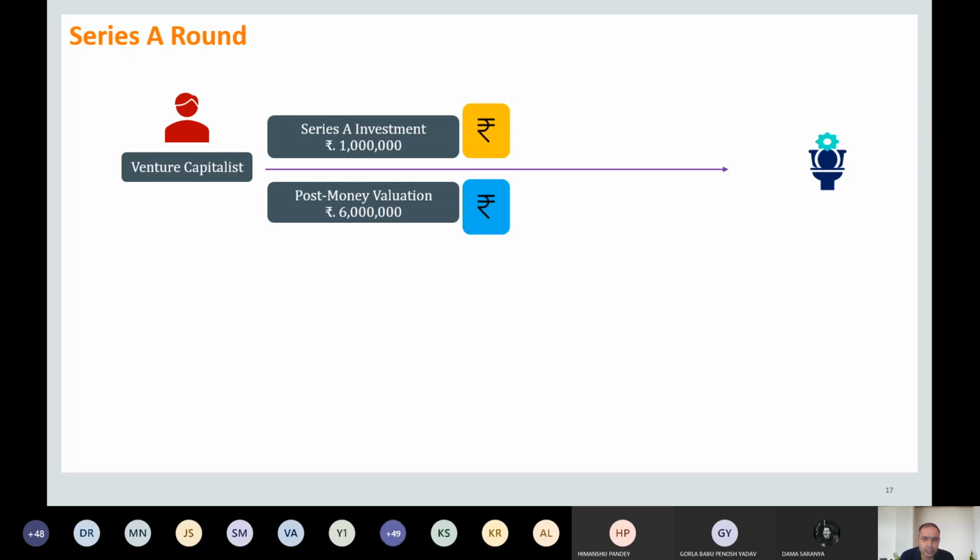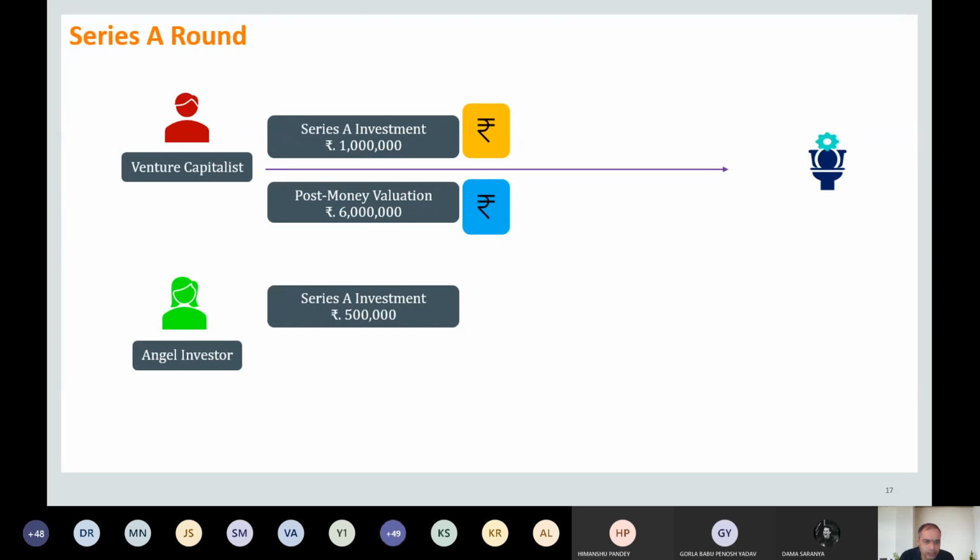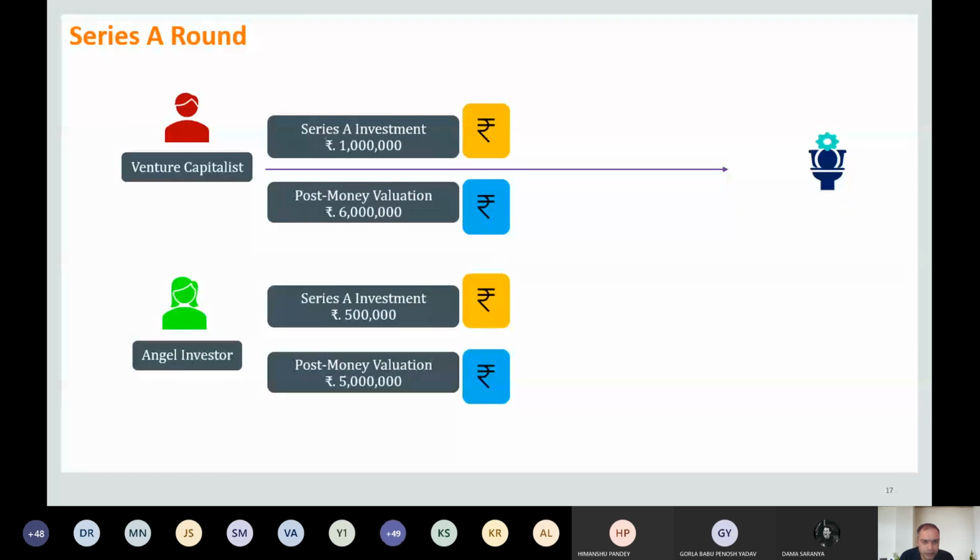I found that your post money valuation can be only, say, 60 lakh rupees, for example. Then the angel investor is ready to invest. She is telling me that I can invest only 5 lakh rupees, and for this 5 lakh rupees I am keeping your post money valuation as 50 lakhs.